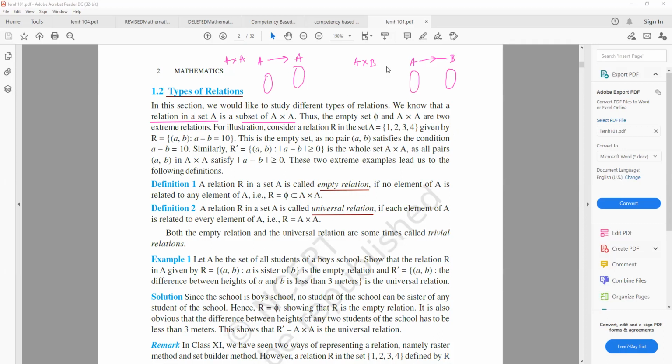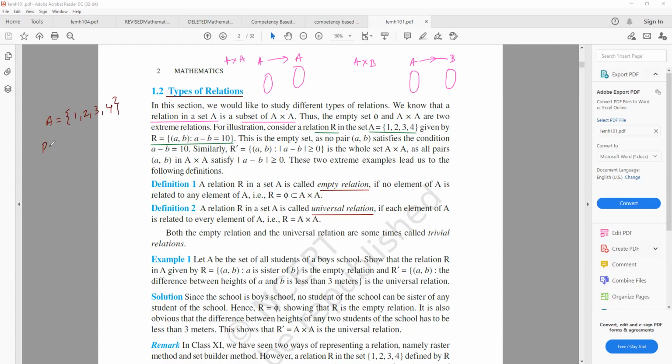ओके, फॉर एग्जाम्पल, इधर आप देखो, बहुत सारे एग्जाम्पल बोल सकते हैं. ओके, वन रिलेशन R ऐसे डिफाइन किया है कि सेट 1 2 3 4 में set of all ordered pairs such that the difference is 10. Okay, so your set A is, can you see I'm writing 1 2 3 4.